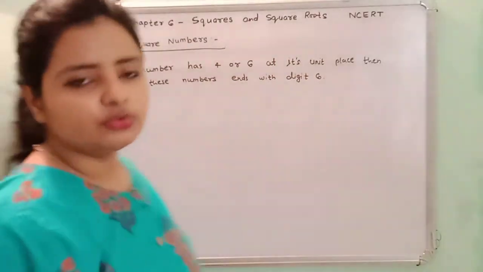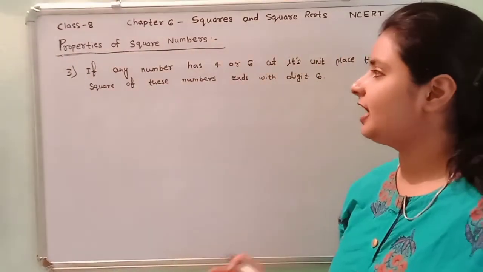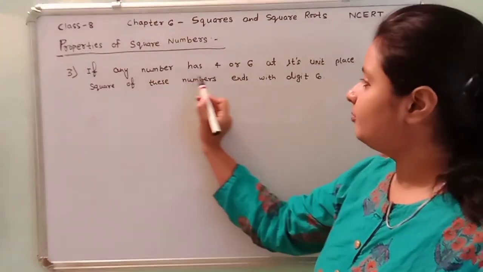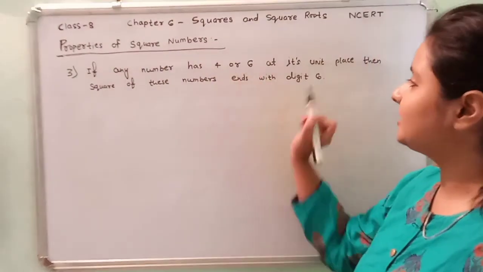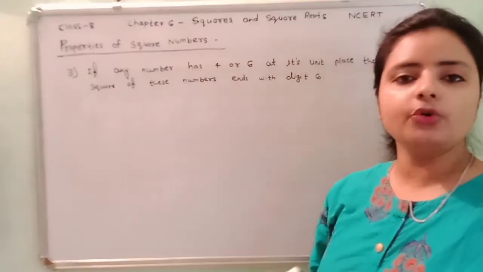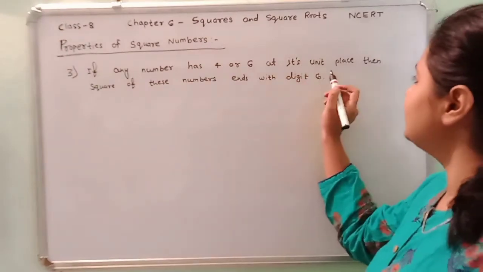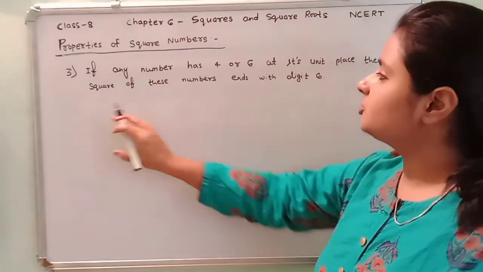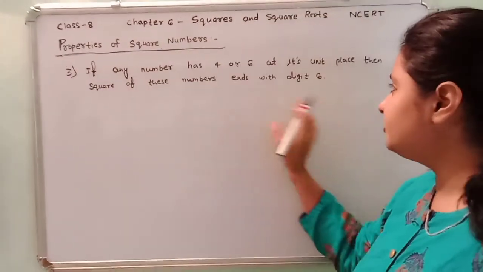So I think you understood the meaning of this property. I am again repeating. If any number has 4 or 6 at its unit place, then square of these numbers ends with digit 6.